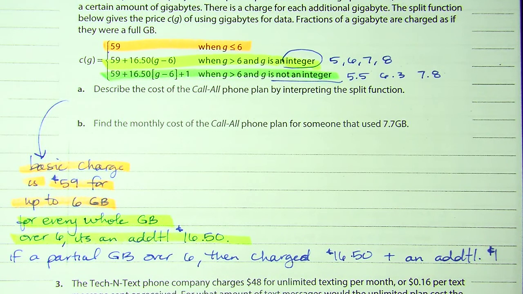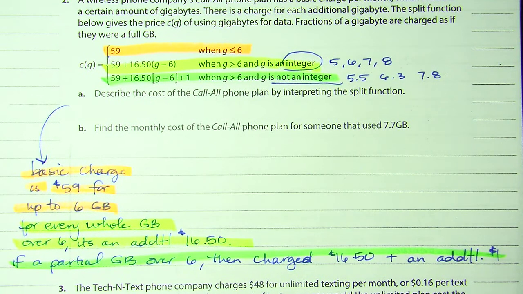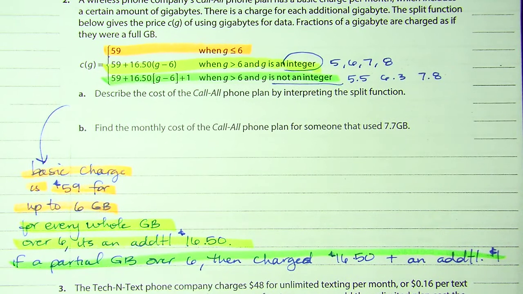So that is interpreting the bottom. Okay. All right, so that is interpreting this split function.